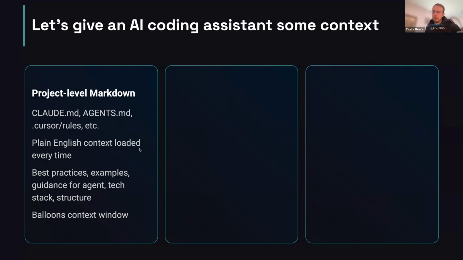So if you have a project level markdown file, when your AI agent opens up, it loads its system prompt and then it loads your client level markdown file. These files often have things like a description of what the project is, like this is a custom connector to Acme. Here's some best practices.